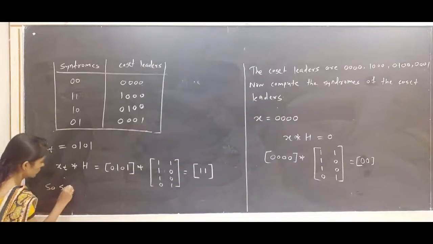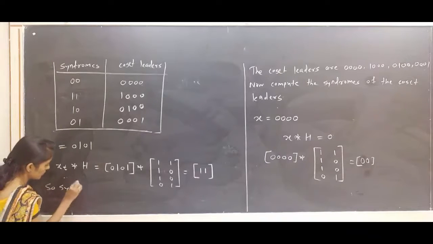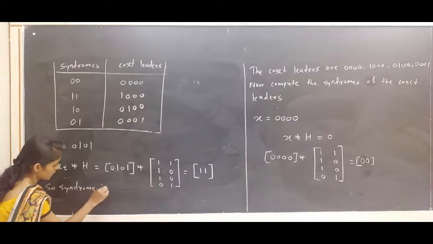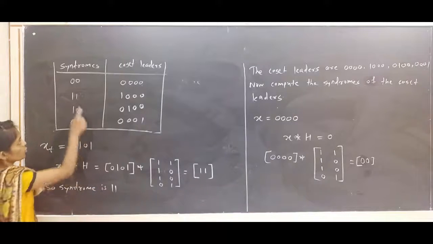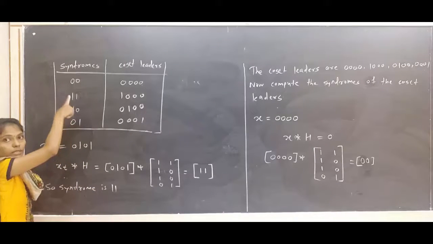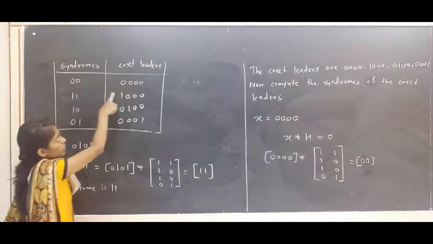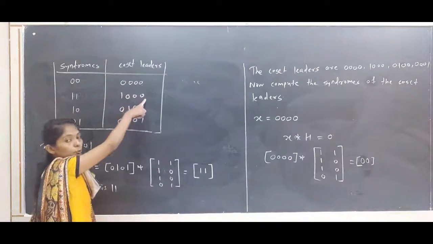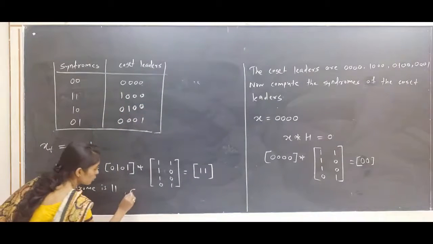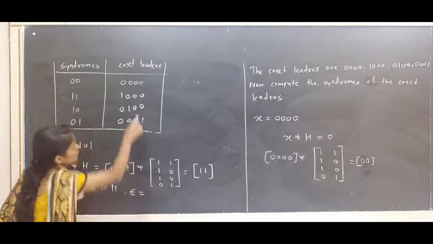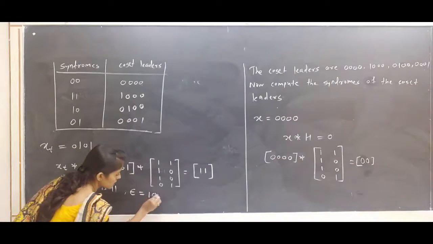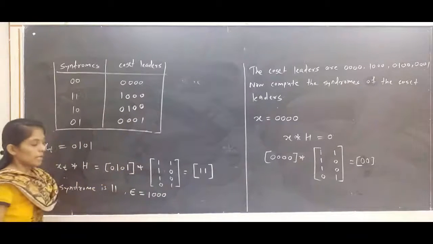So the syndrome is 1 1. For this syndrome, the corresponding coset leader is 1 0 0 0. So we take epsilon equal to this coset leader 1 0 0 0. Right?